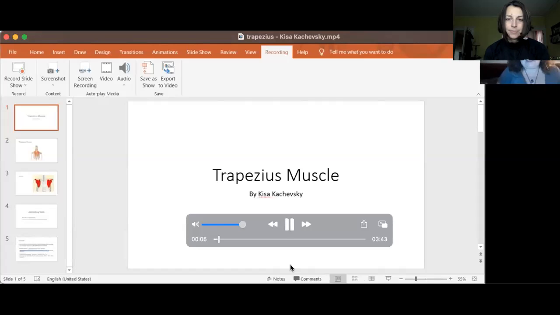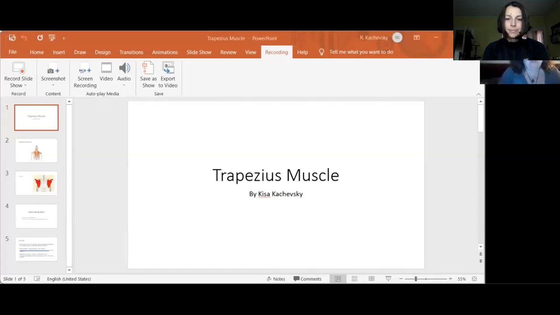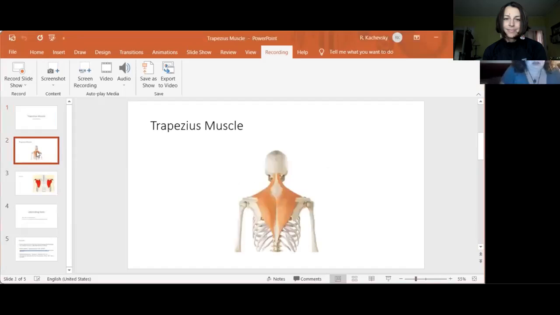Okay, this is my presentation on the trapezius muscle. My name is Kisa Kaczewski, and my muscle was the trapezius muscle. It is a large triangular paired muscle on the posterior aspect of the neck and thorax.